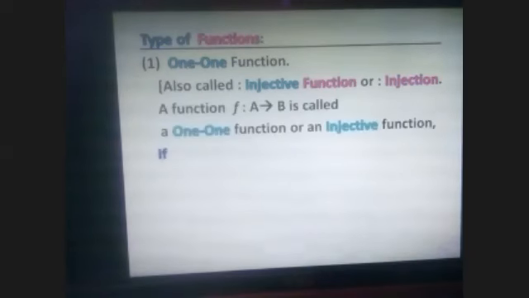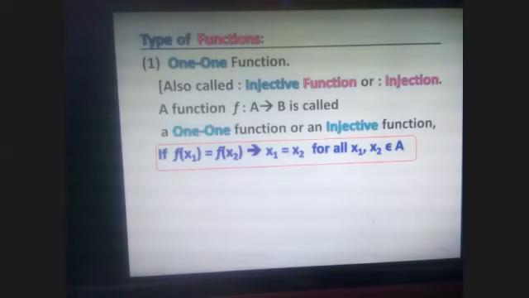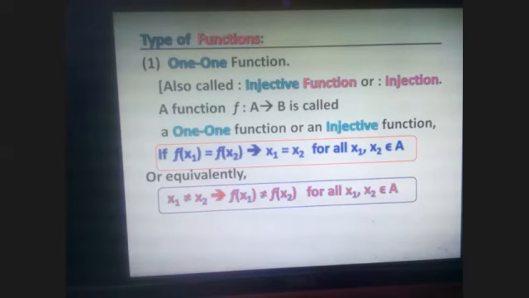A function f from A to B is called a one-to-one function or an injection if f(x1) equal to f(x2) implies x1 equal to x2 for all x1 and x2. Well, it is an implication condition. I can give a contrapositive for the same. P implies Q, we can say not Q implies not P. That is as good as x1 not equal to x2 implies f(x1) not equal to f(x2).